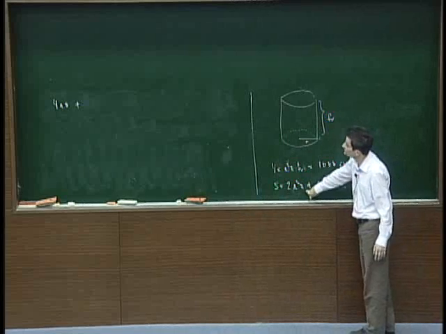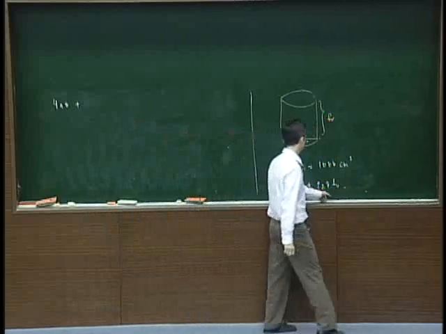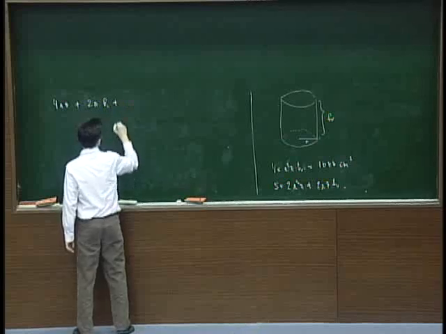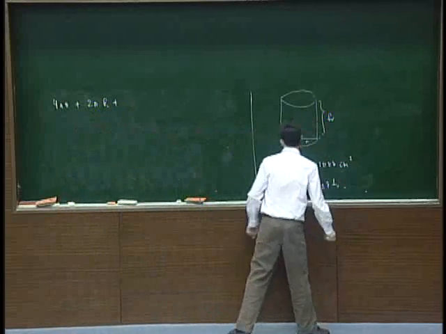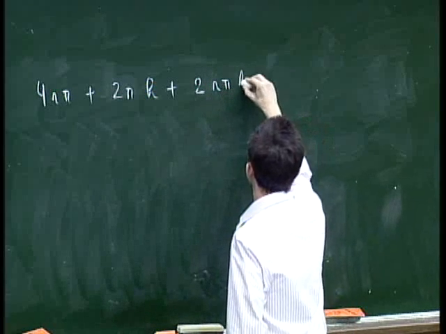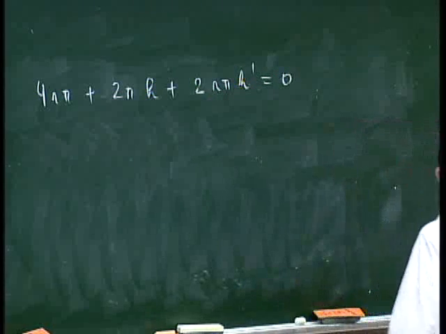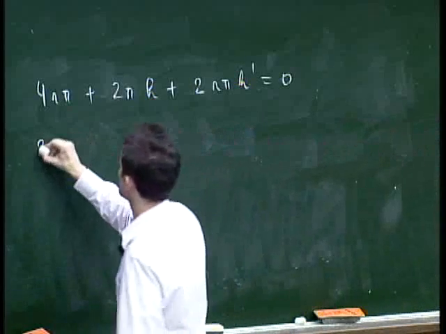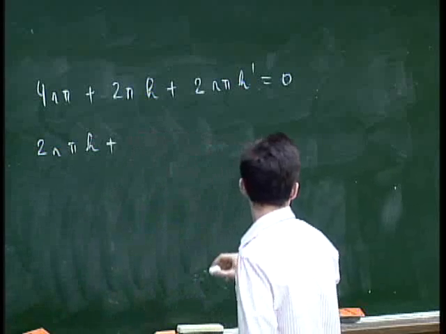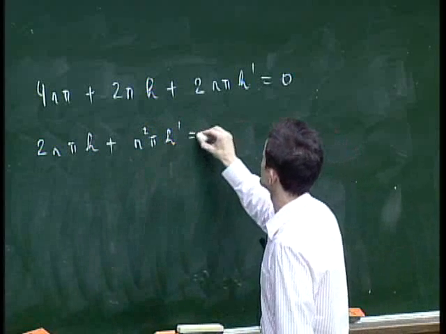Then you get 4 times r times pi plus, and here you have to use the product rule: 2 times pi times h plus 2 times r times pi times the derivative of h with respect to r is equal to 0. And you do the same here. So you have 2 times r times pi times h plus r squared times pi times the derivative of h equal to 0.